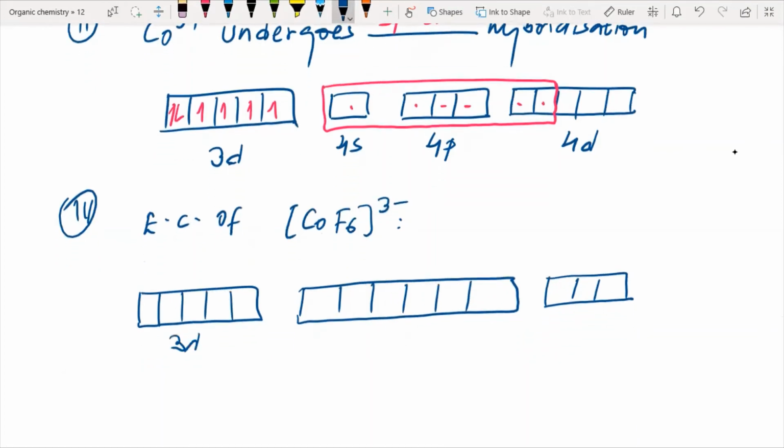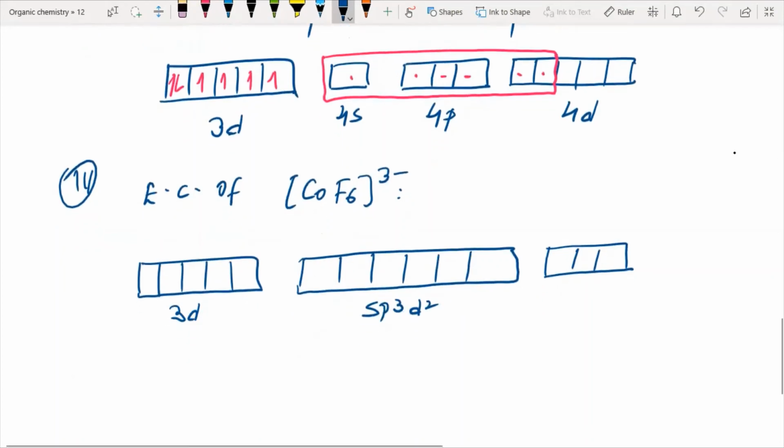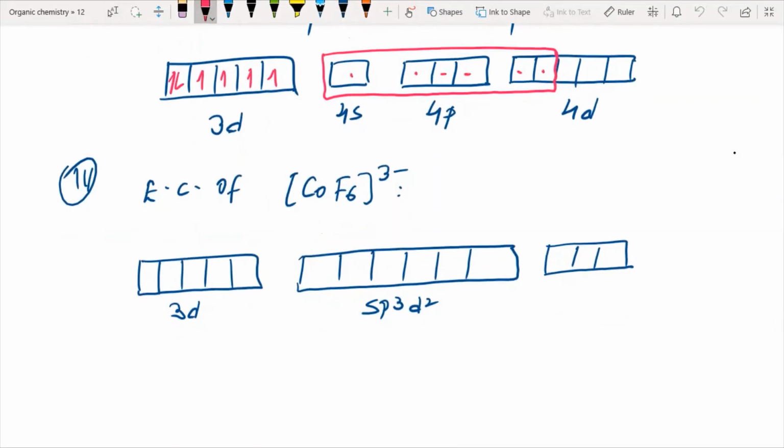So here 3d orbitals are there, these are all sp3d2 orbitals, and 3 empty orbitals are there. Now we'll put electrons in this. These are the electrons of the metal itself. Next, 12 electrons are donated by the fluoro ligand. So we can write here 6 pairs of electrons from 6 F minus ions.